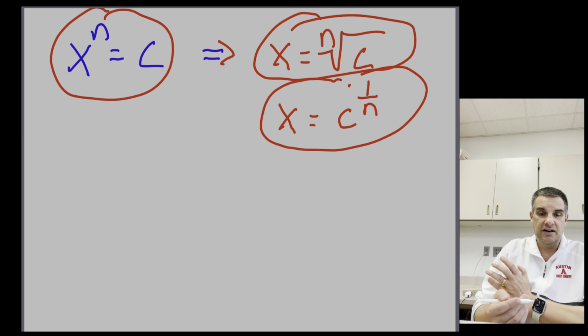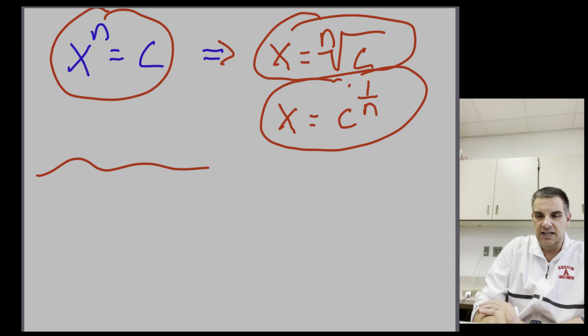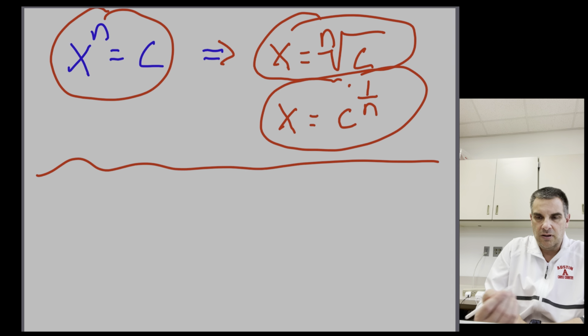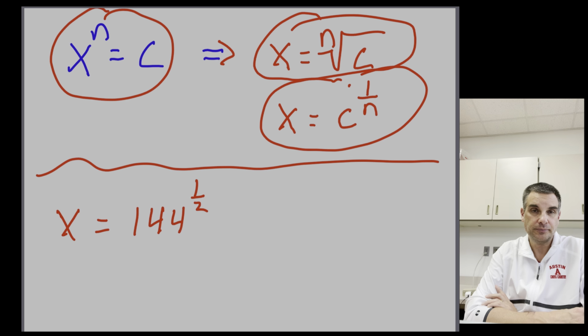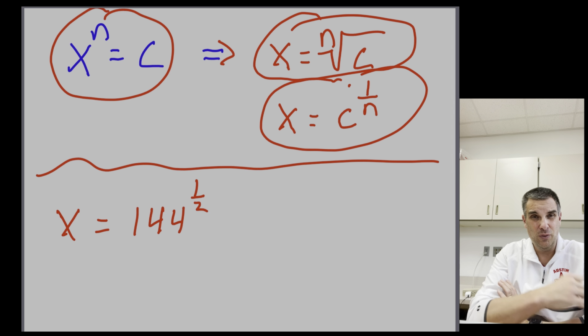So if I have, for example, let's say I want to find x, and x is equal to 144 to the 1/2. So I want to find 144 to the 1/2 power.